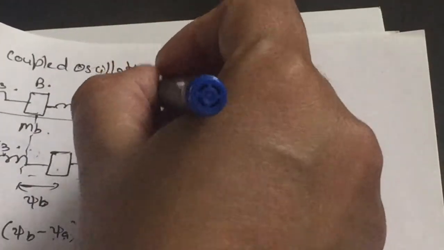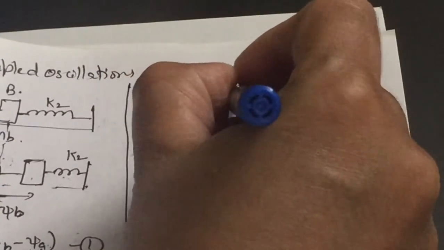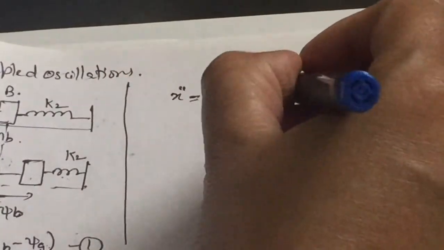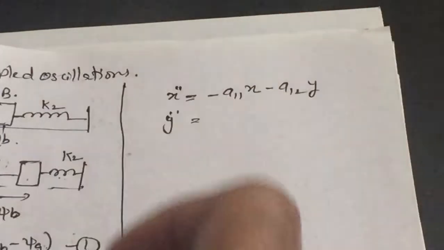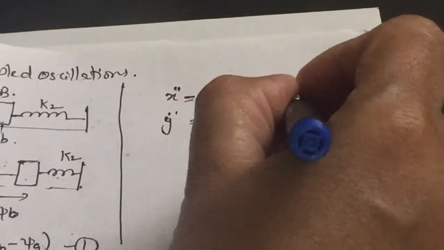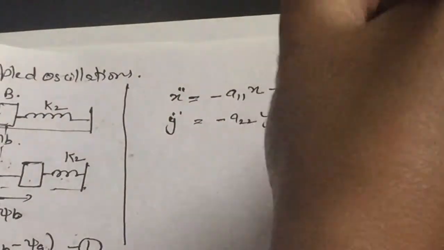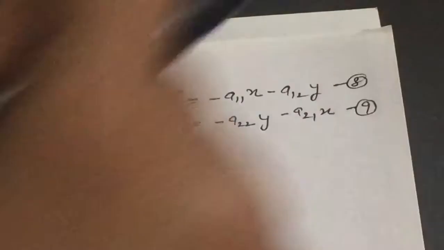We are using our reduced equation as x double dot is equal to minus a11x minus a12y. Similarly, we get the equation y double dot is equal to minus a22y minus a21x. Let us consider these as equation number 8, and this as equation number 9.